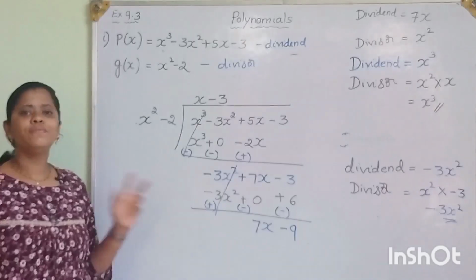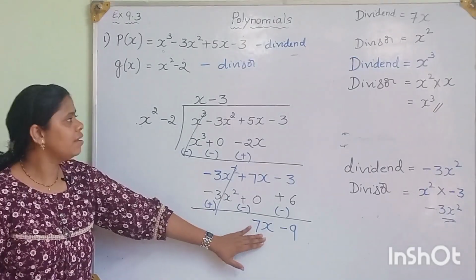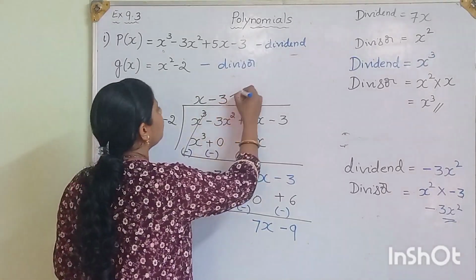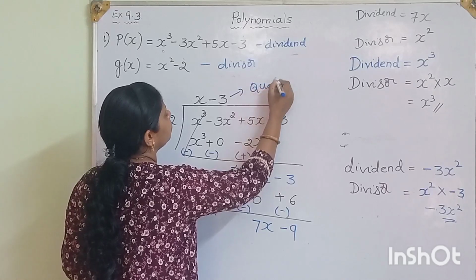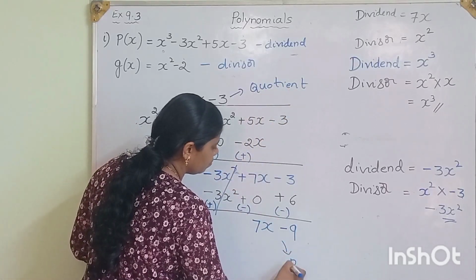In this case we cannot divide. So this is our quotient and this is our remainder.